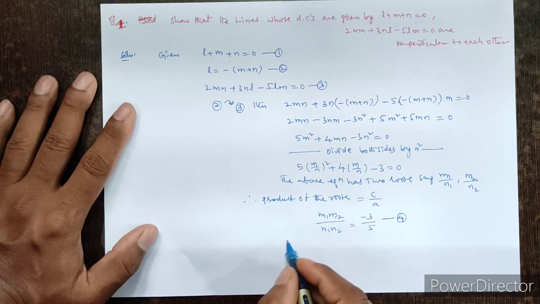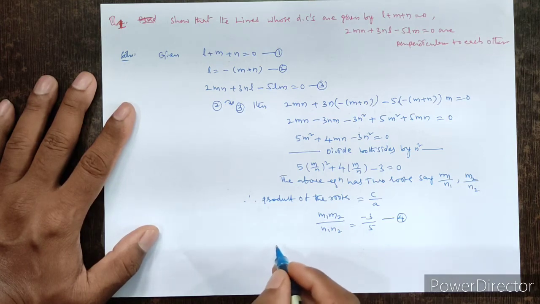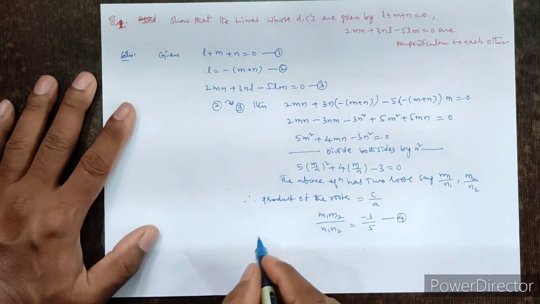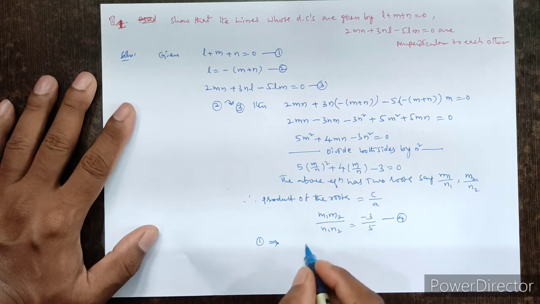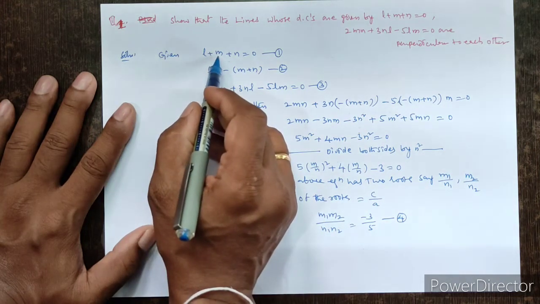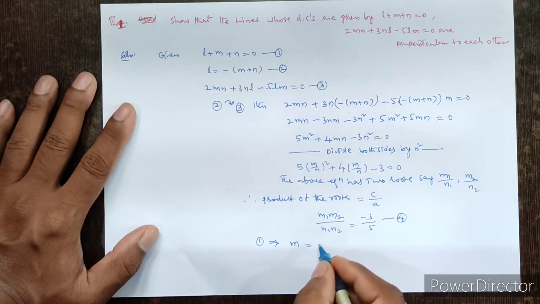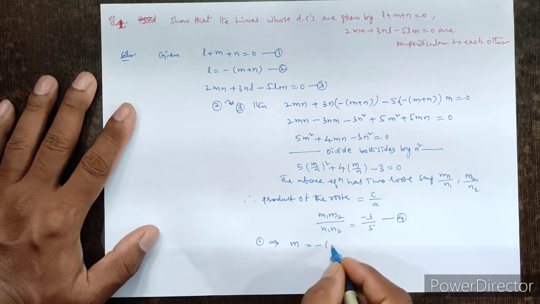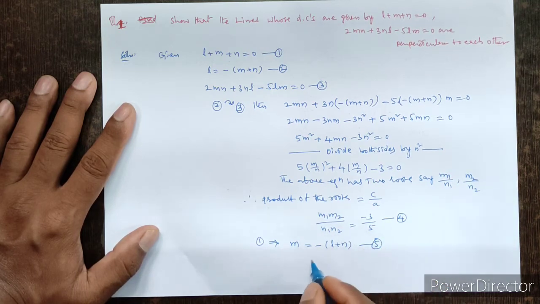So what is equation number 1? It is nothing but l plus m plus n equal to 0. So I am finding the m value from equation 1. So m equal to what? Minus of (l plus n). So from 1 I can find the m value, and of course the n value also. m equal to minus (l plus n). So this is equation number 5. So this value substitute in 3.